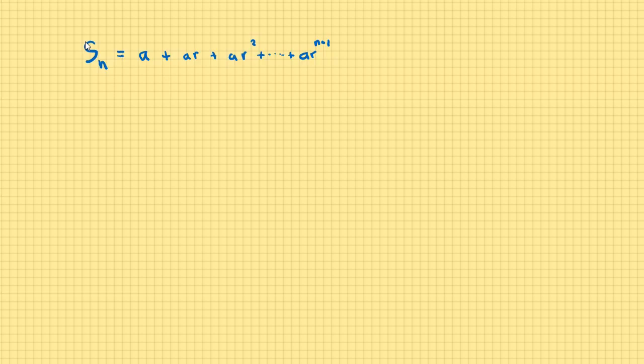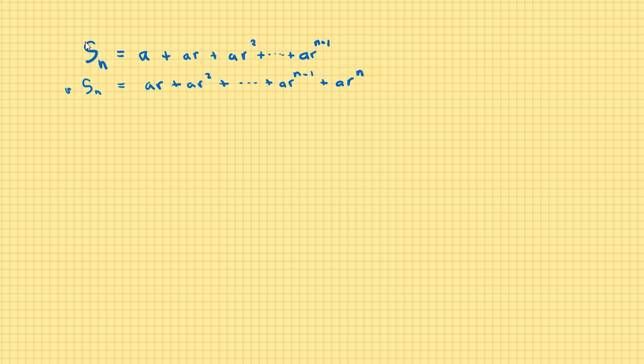So the way you do this is you multiply both sides of this equation by r. So we're going to take this first equation, and I'm going to multiply both sides by r. So we have r times S sub n, and then everything is going to get multiplied by r here. We're going to have a times r plus a times r squared plus dot, dot, dot. Now we'll still have the a times r to the n minus 1, but we'll also have an a times r to the n.